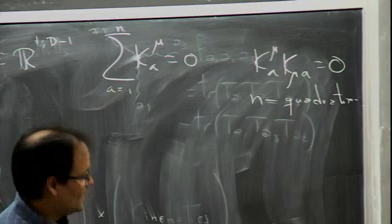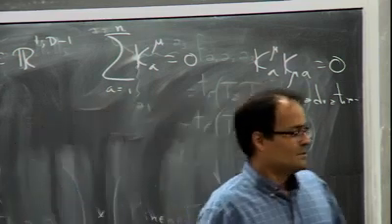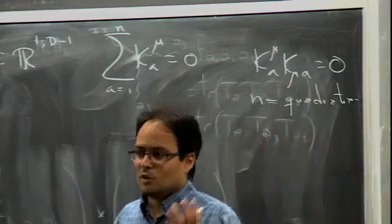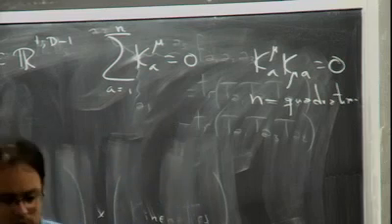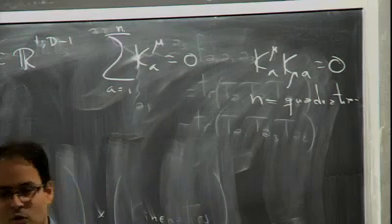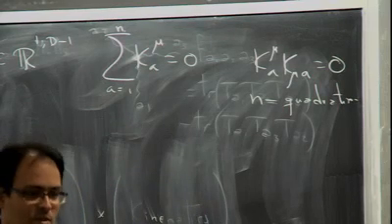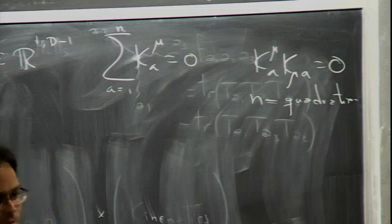For instance, the standard example is, say, you try to solve the hydrogen atom and you use Cartesian coordinates. So things will look ugly, right?